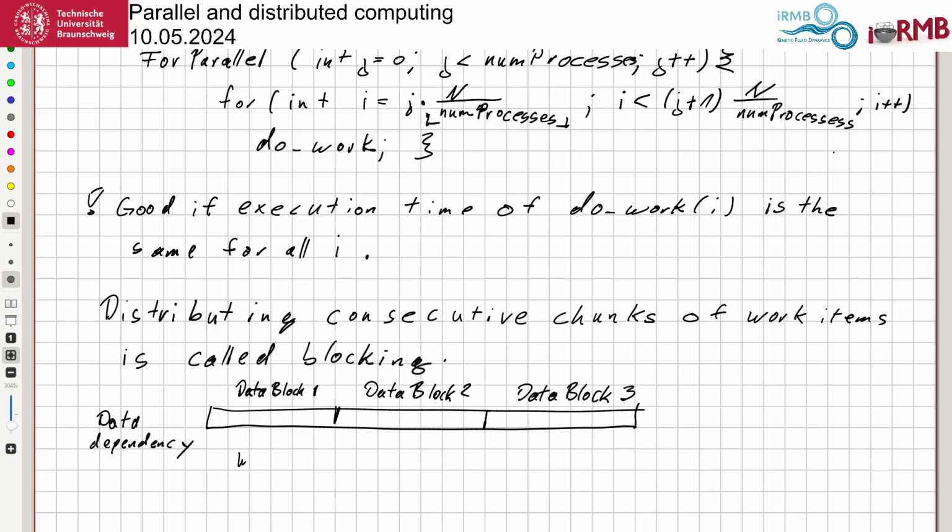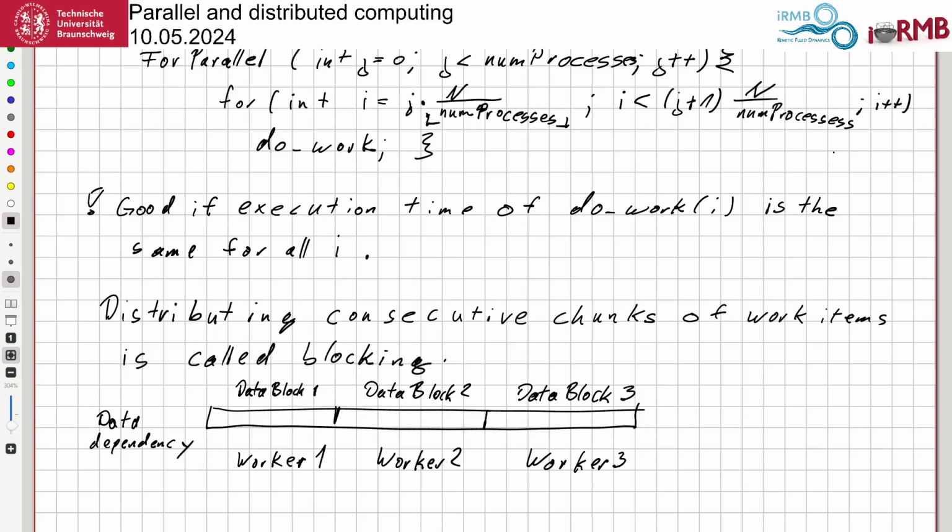Now it makes sense that worker 1 would work here, worker 2 would work here, worker 3 would work here.